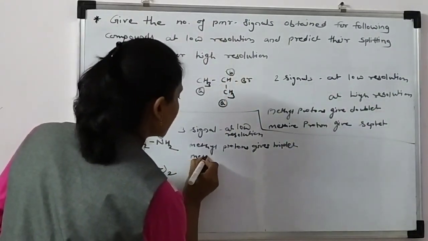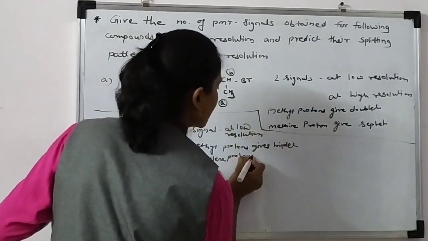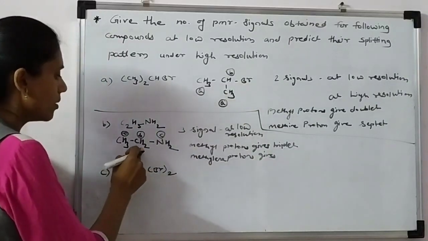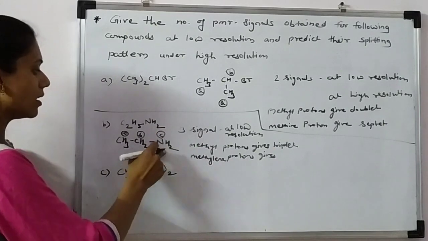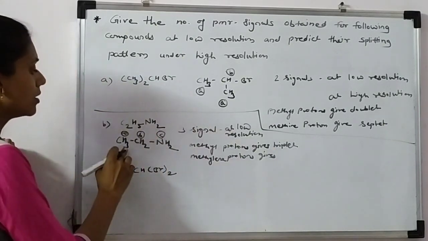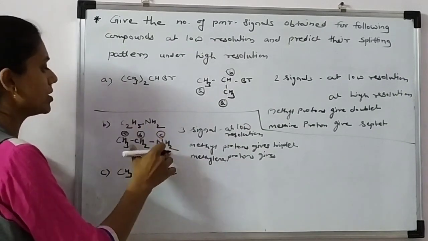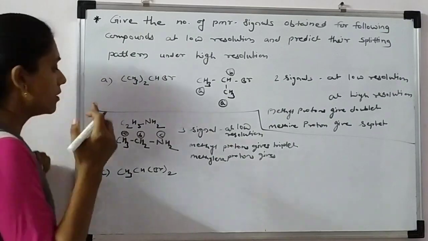Methylene protons: the methylene group is attached to the methyl as well as the amine group. So these 3 protons and these 2 protons, that means 5 protons, plus 1, how many? 6.